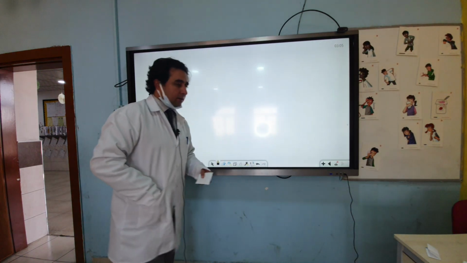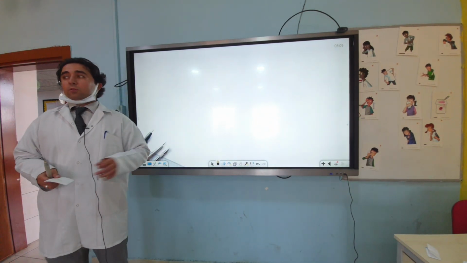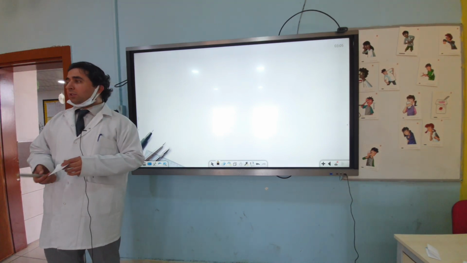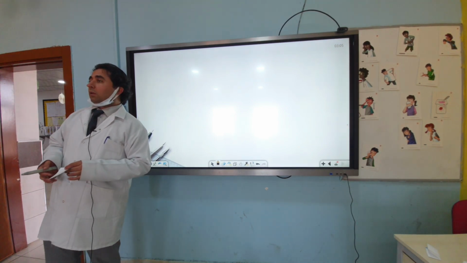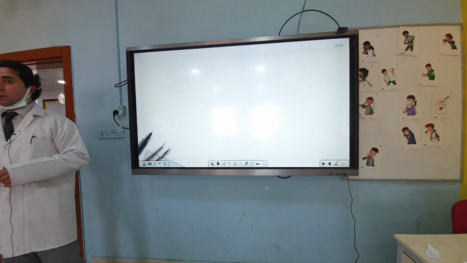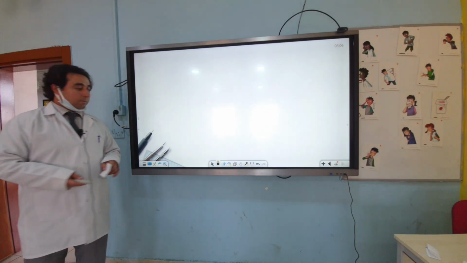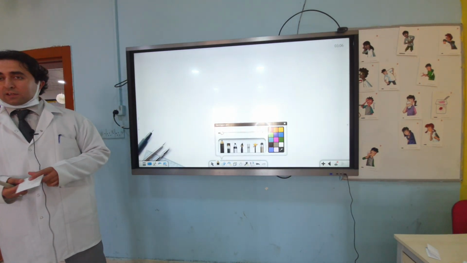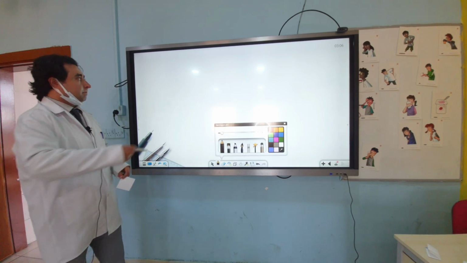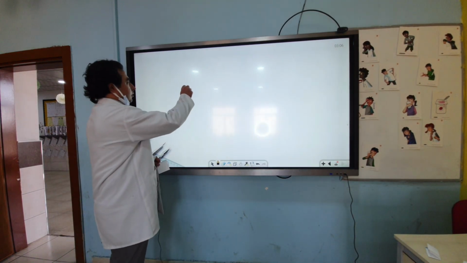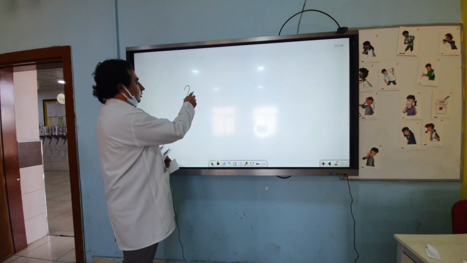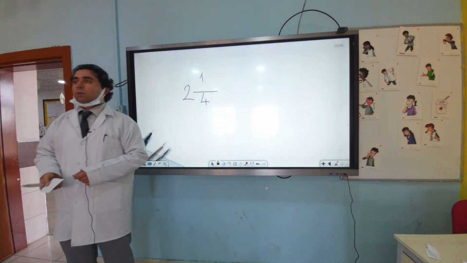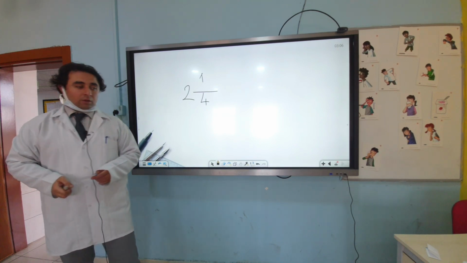We are going to write one fraction. You are going to see it on the board, please. May you focus? Okay, eyes on the board. Then, our new friends, mixed fractions. We are going to deal with you. Let's say 2 wholes with 1/4.